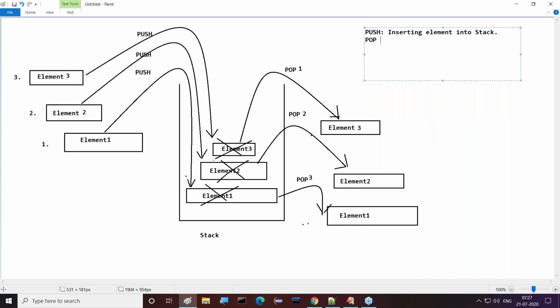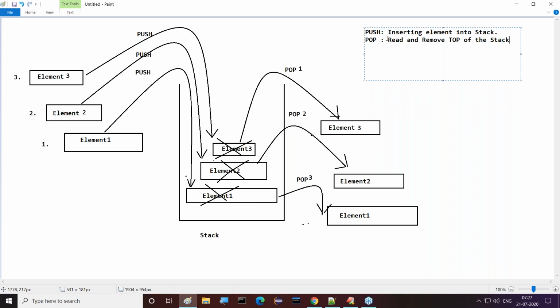What is the pop operation? Read and remove the top element of the stack.